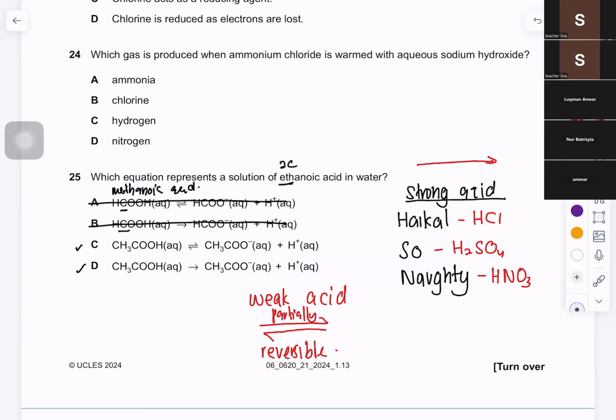Alright, so reversible. This ethanoic acid is weak, so the answer will be C. Students, can we separate which dissociates at the back? Yes, carboxylic acid dissociates at the back, so it is like CH3COO minus and H plus. Carboxylic acids are always like that.